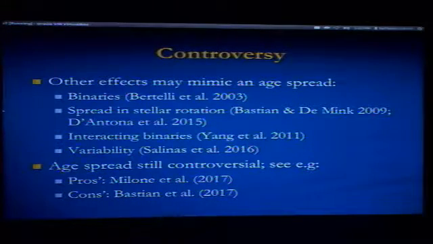There is also variability, because in some cases you end up in instability strips when examining these objects, so you must be careful about variability too. Okay, so all these effects can contribute to the width that you observe. And the result is that the age spread is still controversial. There is a majority of people that thinks that there is no spread, and that what you are really observing are all these evolutionary effects.